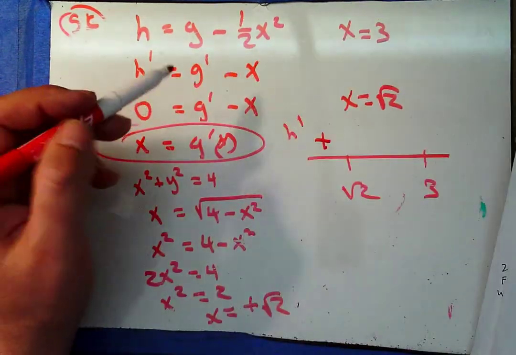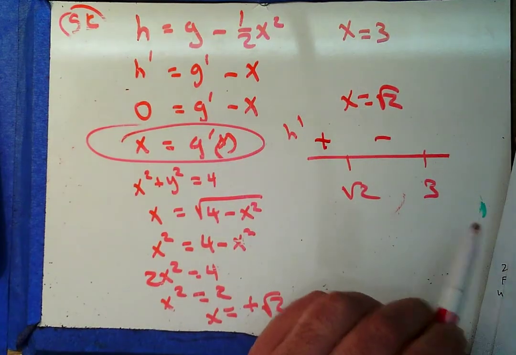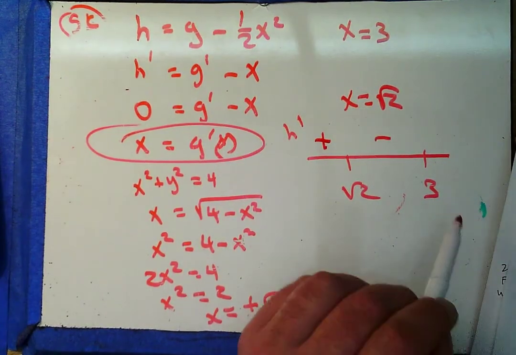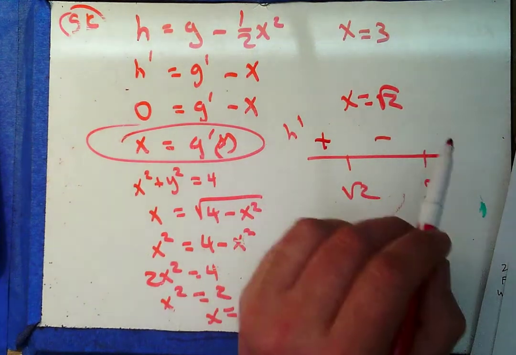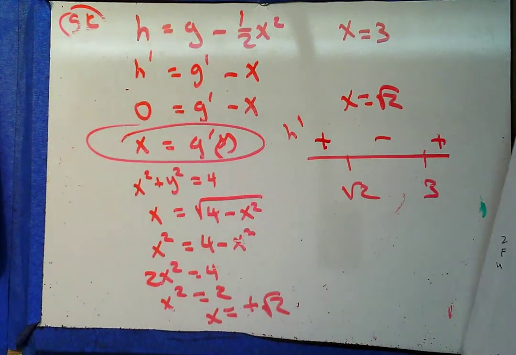I say that the y values are less than, and after 3, the x values are much bigger than the y values, and so I get a plus there. So it is possible for me to do this with a sign chart. I think it's a little challenging to do this with a sign chart. I might find it easier to think about the second derivative test. That might be another way to do this.